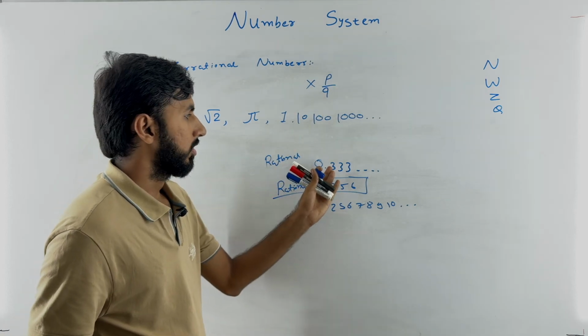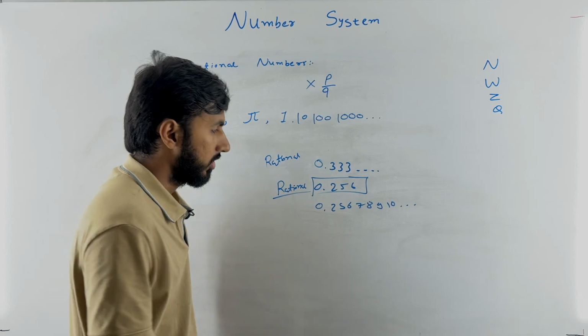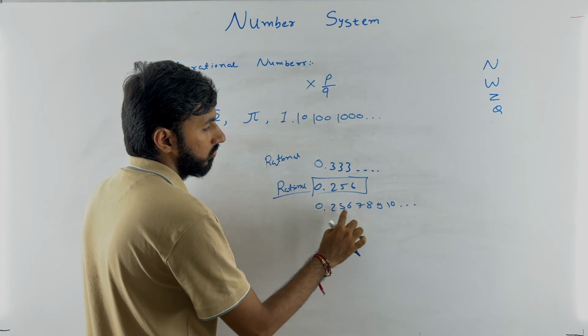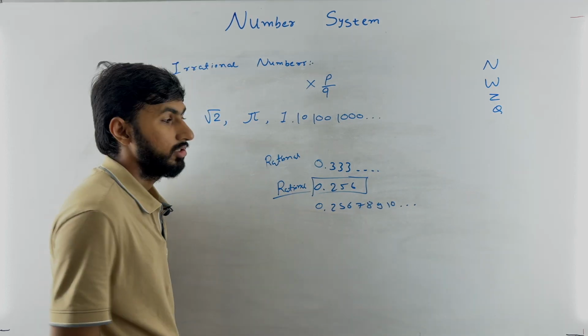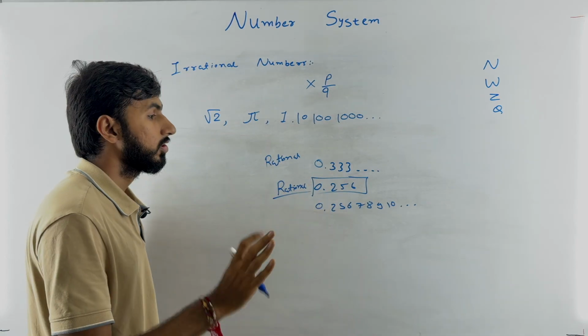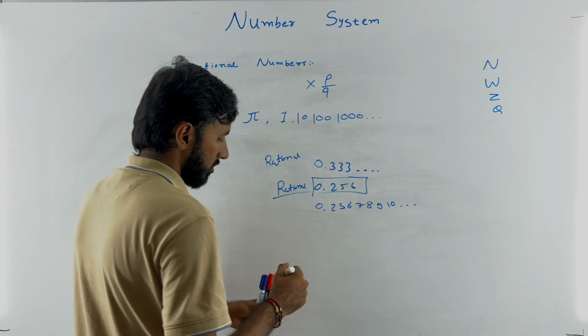We will learn how to represent this type of number in the form of p by q, right? But now for this number, here you can see 2, 5, 6, 7, 8, 9, 10, and it will go up to infinity. Here we didn't find any particular pattern that repeats, right? So this number is an irrational number.